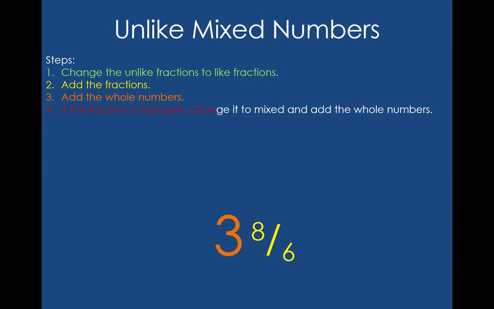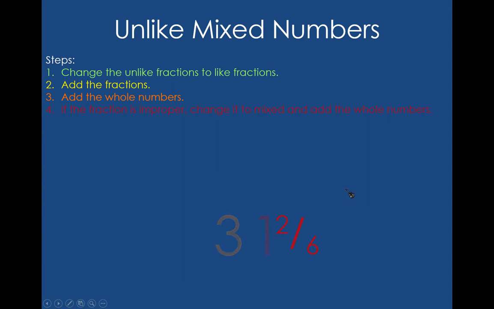If the fraction is still improper, change that to a mixed number and add the whole number. So, 3. Let's see how it became 1 and 2 over 6. 6 times 1, 6 plus 2, that is the 8 over 6 from earlier. We can add this 3 and the 1, so the answer is 4 and 2/6. The final answer is 4 and 1/3.